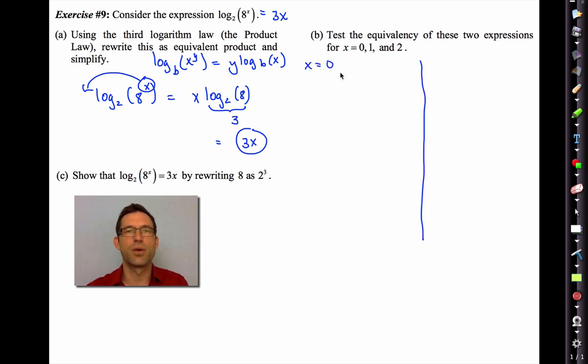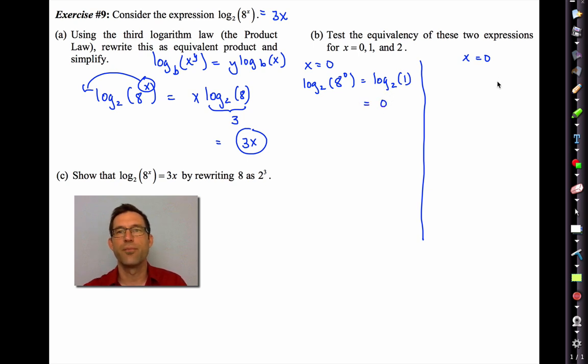For x equals 0, over here, let's do the logarithm. Here, I'd have the log base 2 of 8 to the 0, which would be the log base 2 of 1. What do I have to raise 2 to get 1? I have to raise it to the 0. Over here, I'll try the 3x, and of course 3 times 0 is 0.